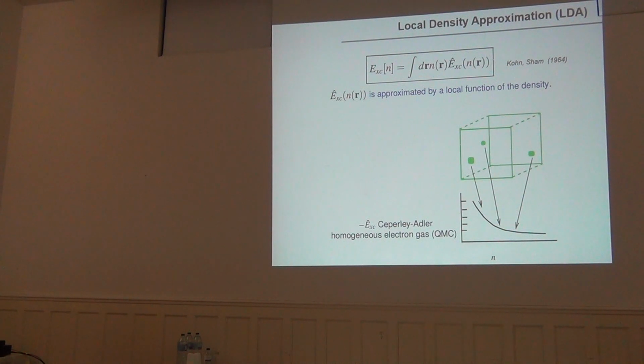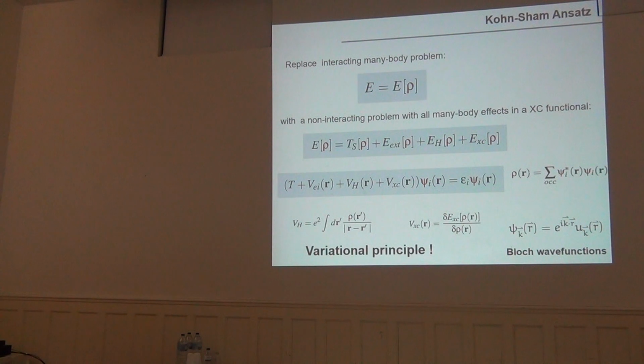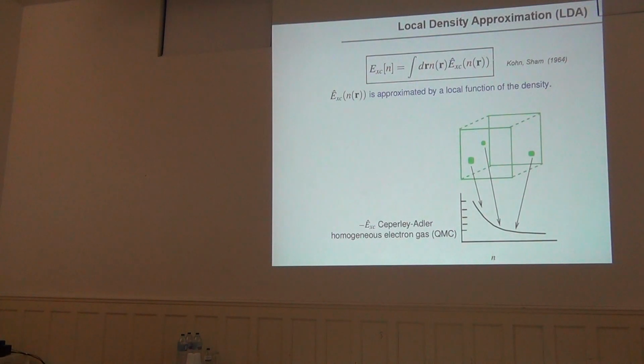There is one system that we know we can solve exactly. We can solve the Schrödinger equation exactly, and this is the homogeneous electron gas. And this is what Ceperley and Alder did a long way back. You can, by quantum Monte Carlo, solve this problem exactly. So the idea is, okay, let me take from this problem, let me subtract all these terms that I was showing to you here, and I get at the end an exchange correlation functional for this problem.